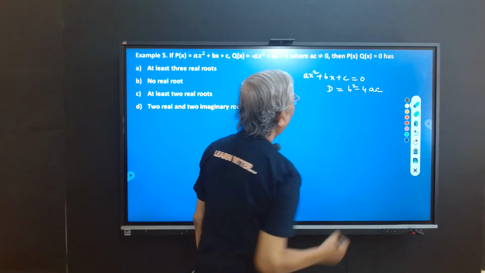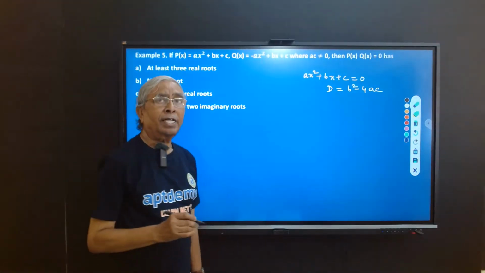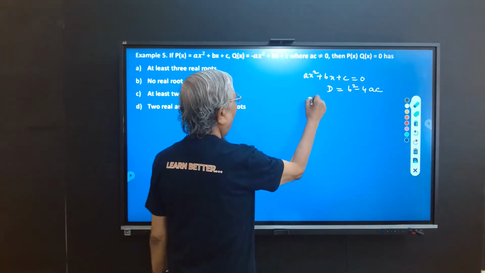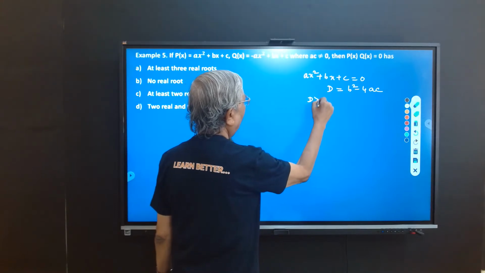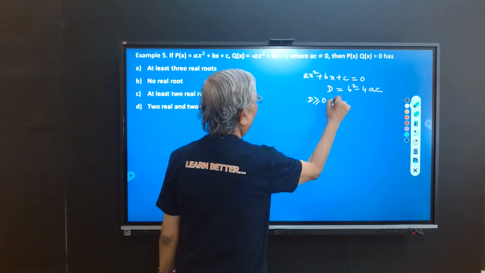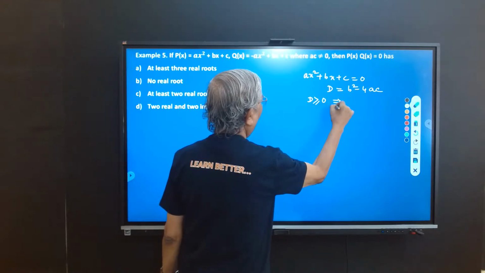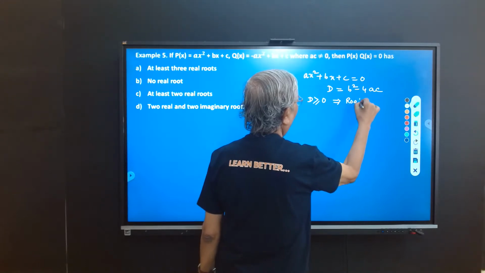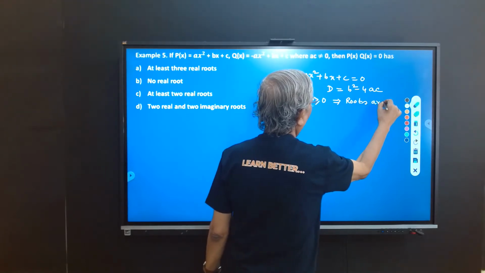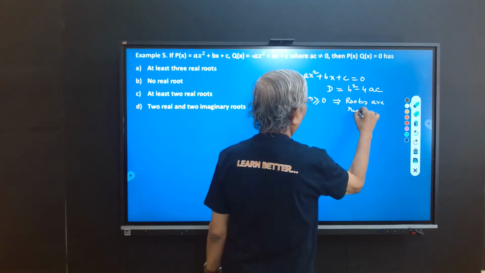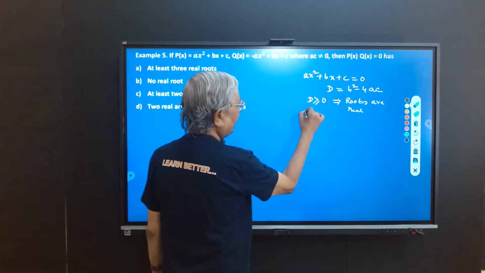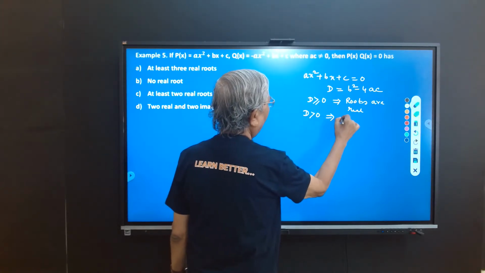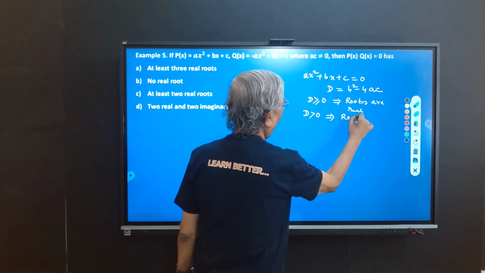What was the theory? If d greater than or equal to 0, this implies roots are real. If d is greater than 0, the roots are real and distinct.